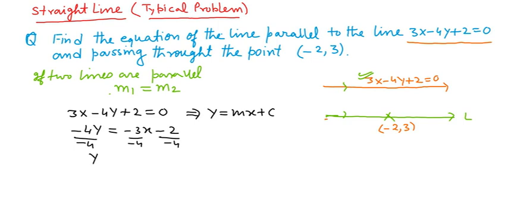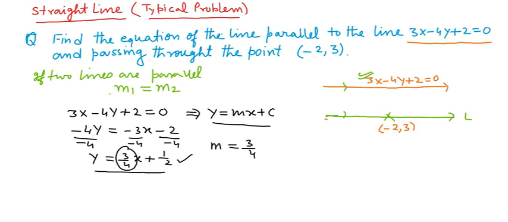Then you will have y is equal to 3 by 4 x plus 1 by 2. When we compare this equation to this, then the slope of this line will equal to 3 by 4. So suppose the slope is 3 by 4 of the given line. Therefore, the slope of the line L must also equal to this line, that is here m is also 3 by 4.